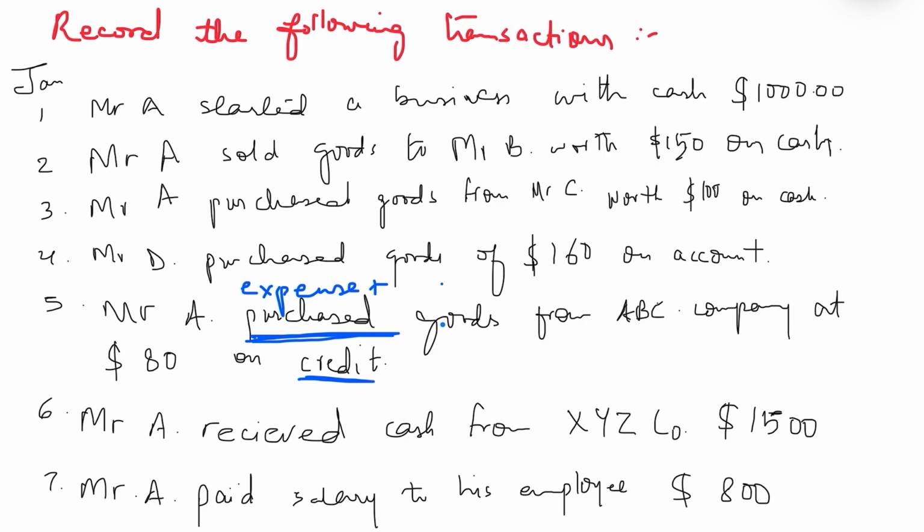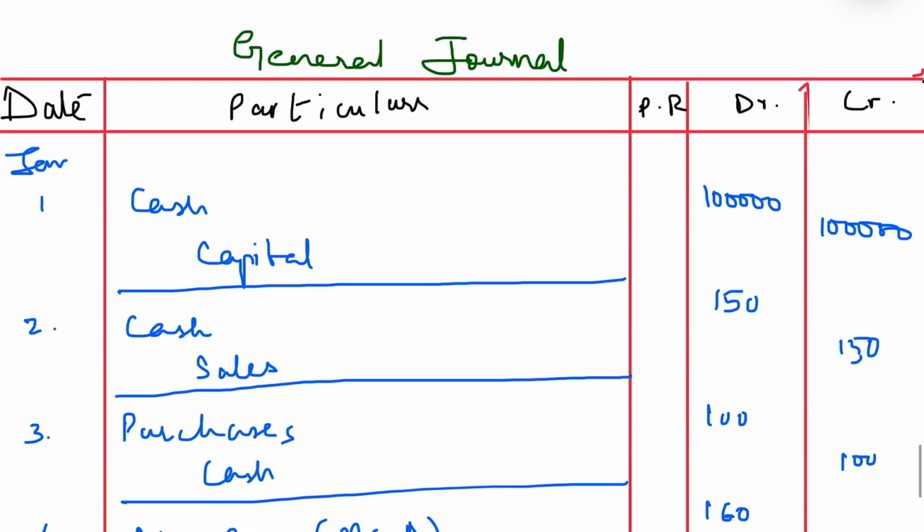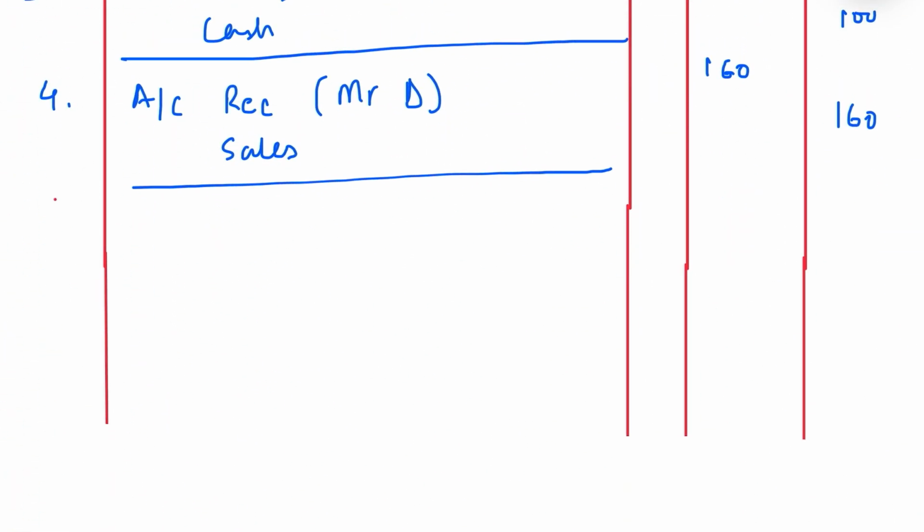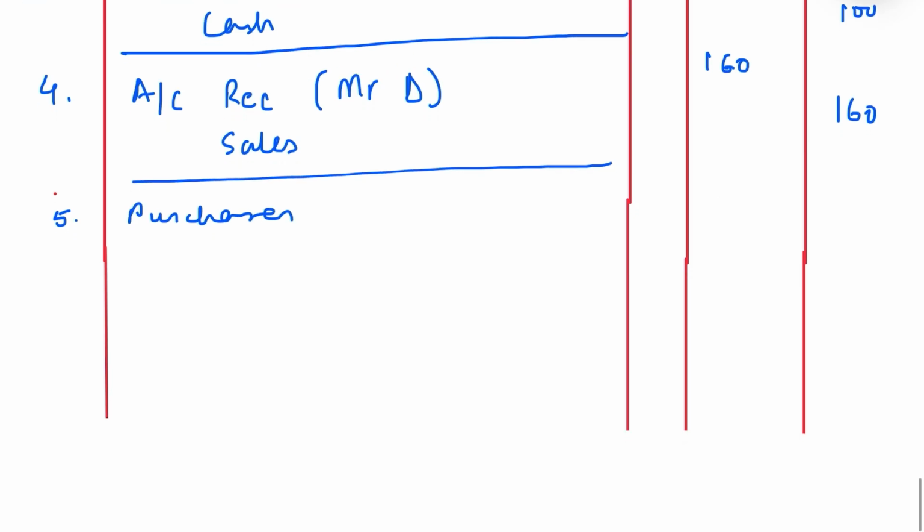And on credit means it's a liability, accounts payable, remember, by $80. So how will we record it? On 5th January, purchases has been made. It's an expense and we record it as an increase on the debit side. And then the accounts payable account will be opened.